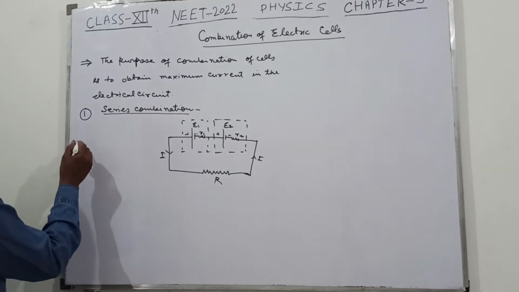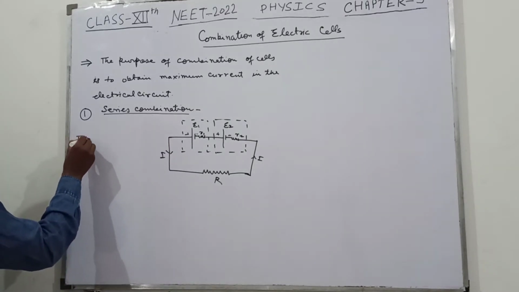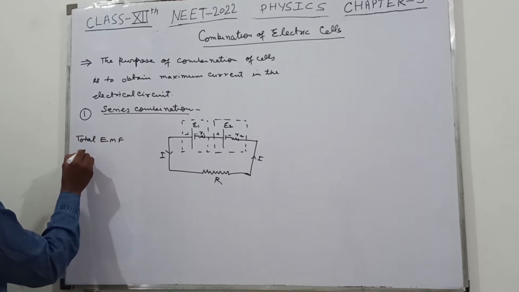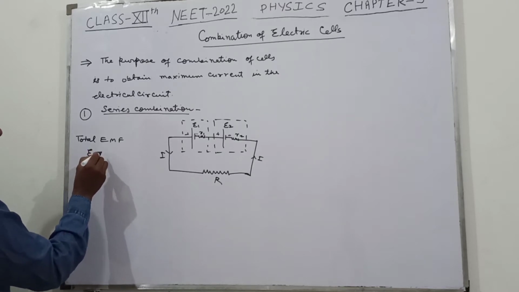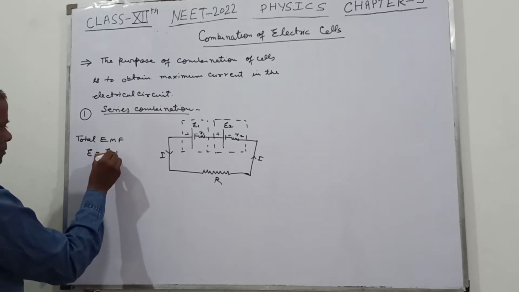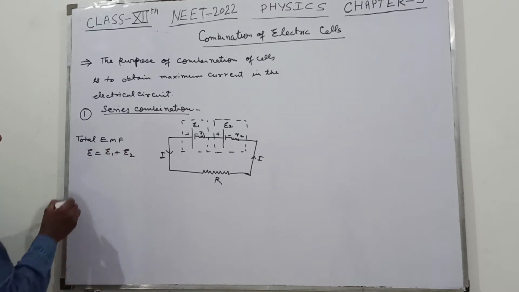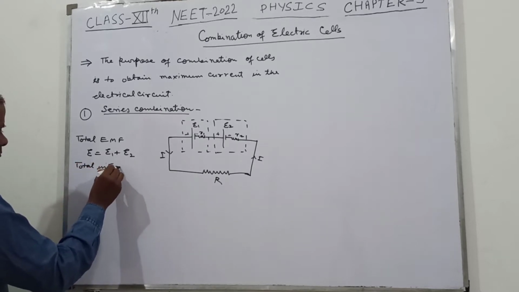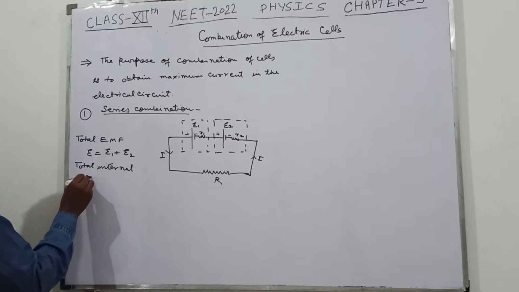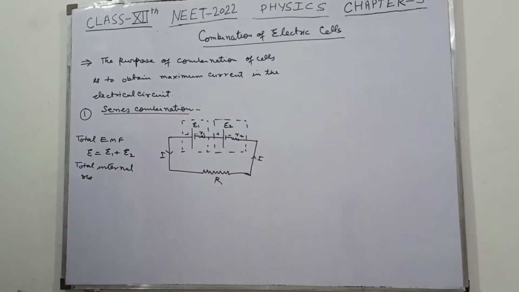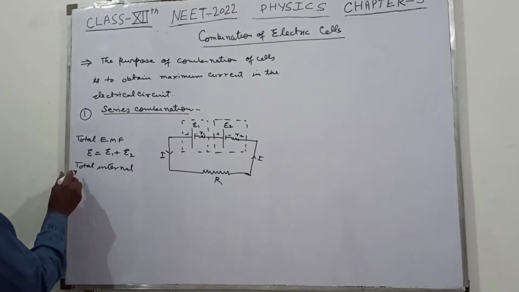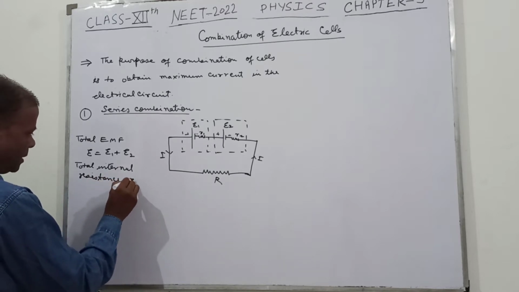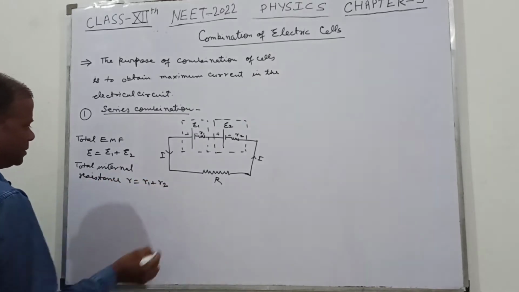So now here the total EMF, E equal to E1 plus E2. Now total internal resistance, R, this is equal to R1 plus R2.